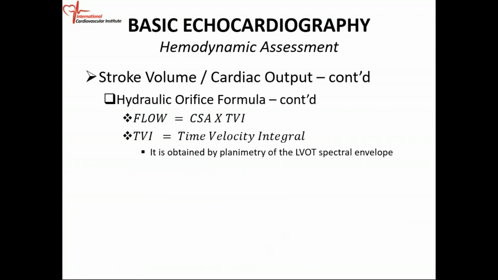So again, going back to the original definition, stroke volume is the volume of blood that is pumped out from the ventricle. So let's look at the left ventricle. When the left ventricle contracts, it's going to push blood across the left ventricular outflow tract, across the aortic valve, and into the aorta. That's what the left ventricle is supposed to do.